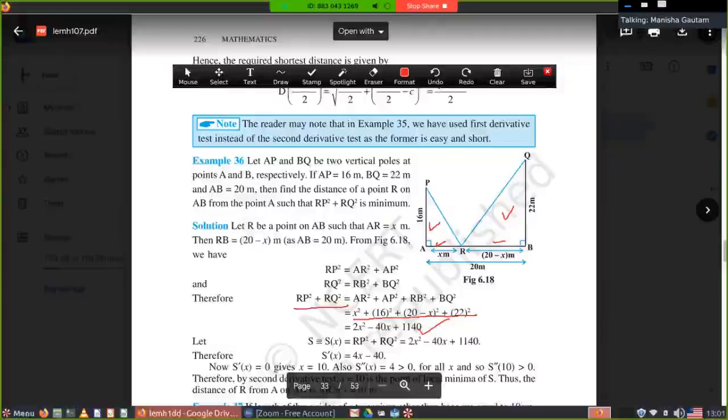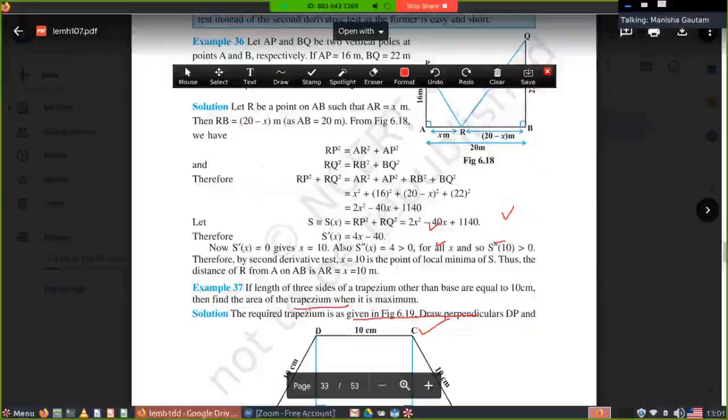What I said in the working rule, take the derivative of this function. This is the equation, and the derivative will be 4x minus 40. This is the derivative of the equation. And take the second derivative, that comes out to be only 4. 4 is always greater than 0.